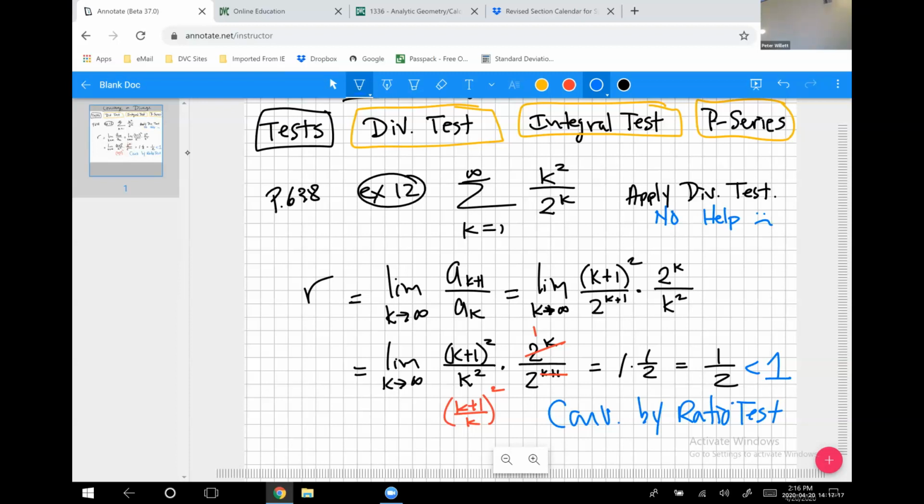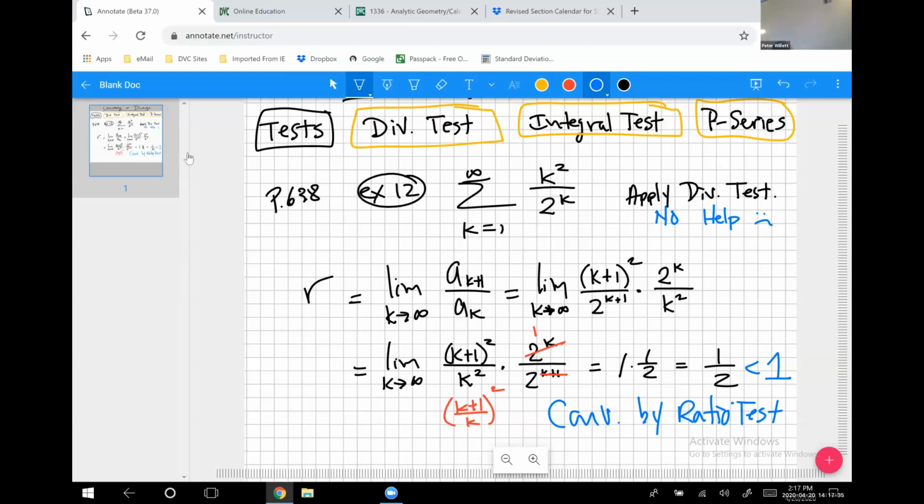Okay, so we have an example where first we tried the divergence test and it was of no help. And so then we tried the ratio test and we were able to see that it does actually converge by the ratio test.